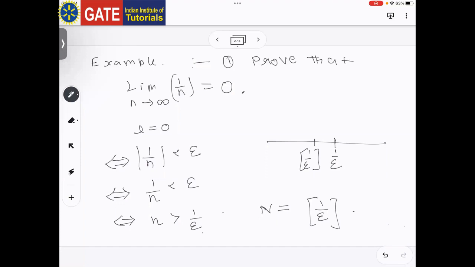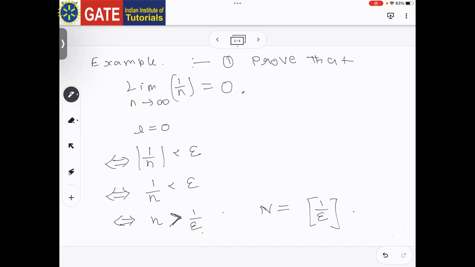That's fine, because as soon as we have only strict inequality, we are fine.